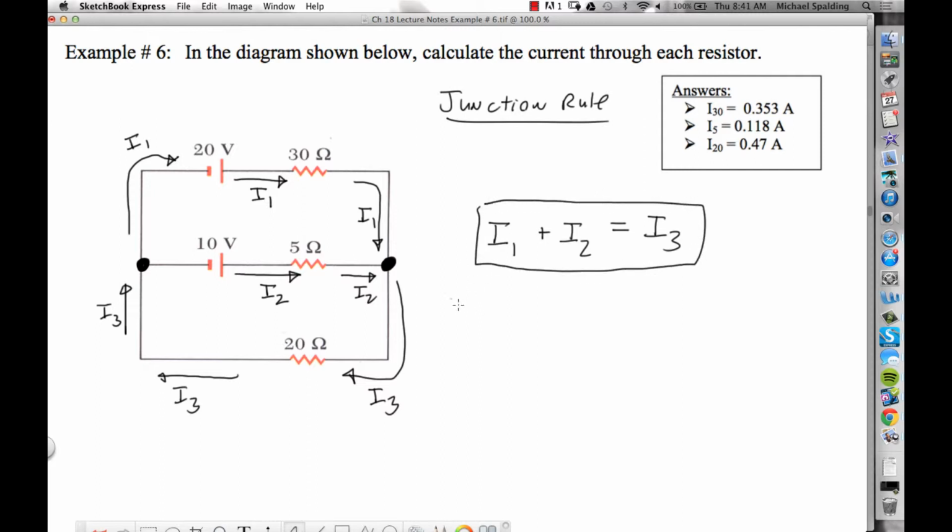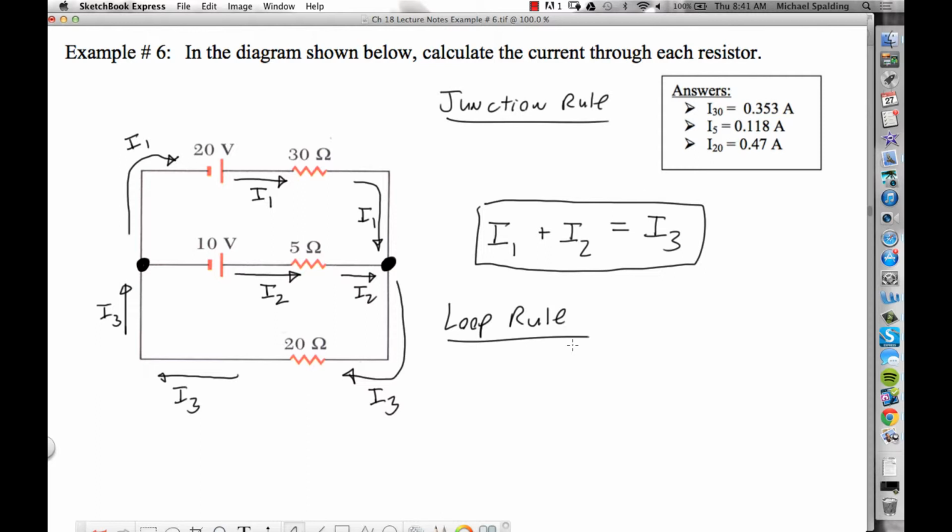Okay? Now, the other rule is the loop rule. The loop rule says this: for any complete loop, voltage gain equals voltage loss. And we've talked about that too. Voltage gain equals voltage loss.